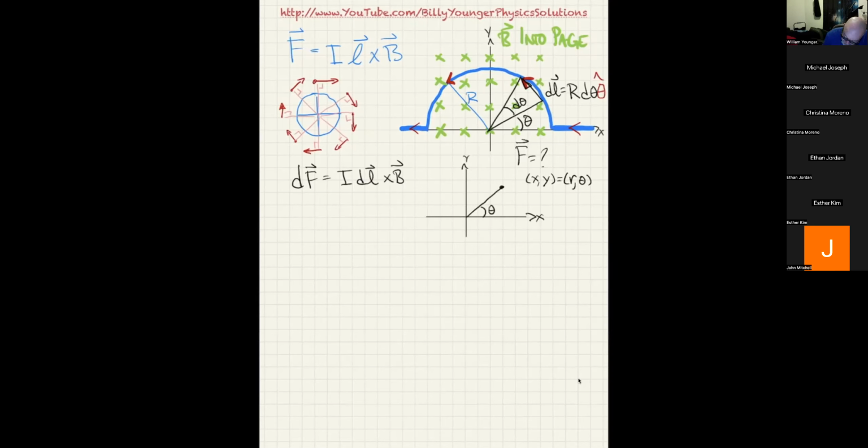Well, it turns out you can redraw your x-axis and your y-axis, and then you can define a neat little unit vector that's parallel to that line we just drew, and that's called r hat.